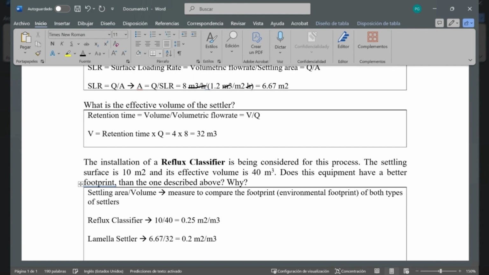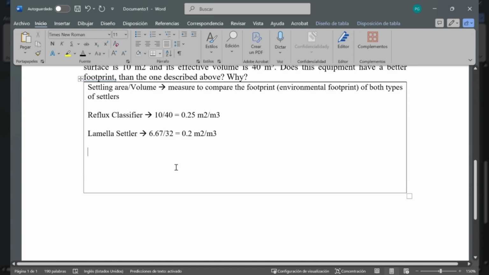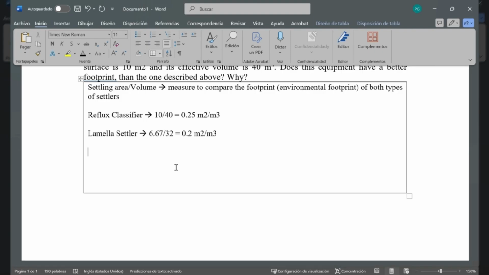So now with these two, we have to establish which one of these has a larger footprint. By footprint, we're basically trying to look for a system that is effective in terms of settling, with a good settling area per unit of volume.